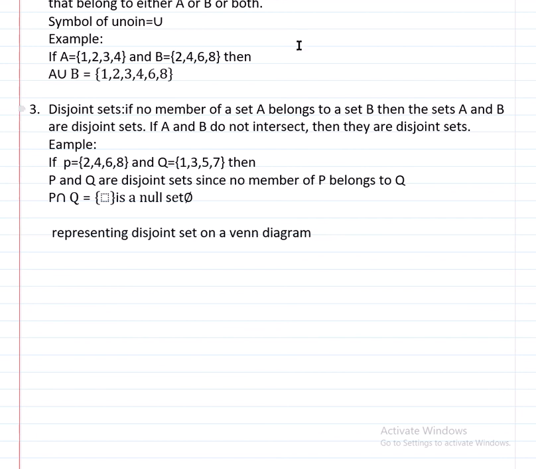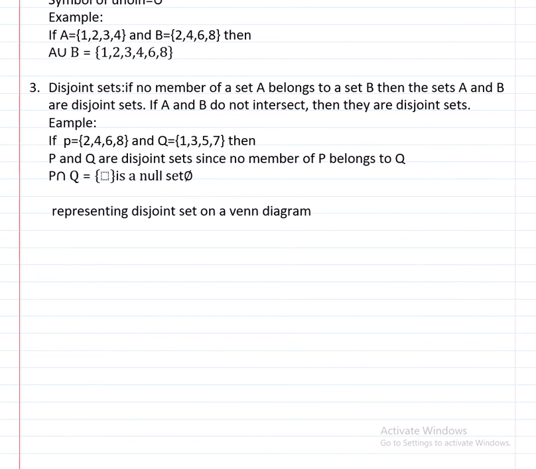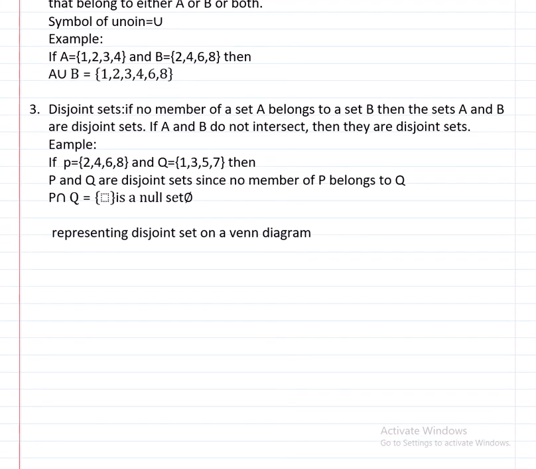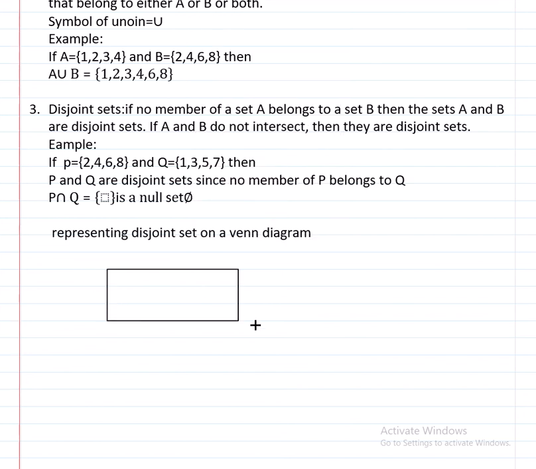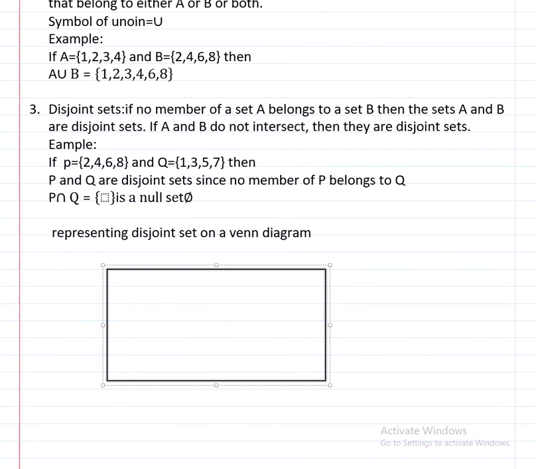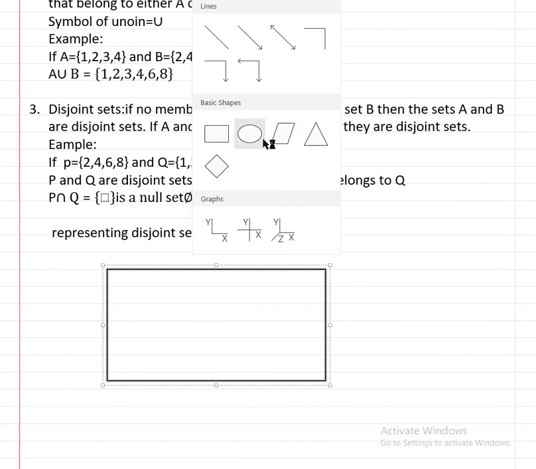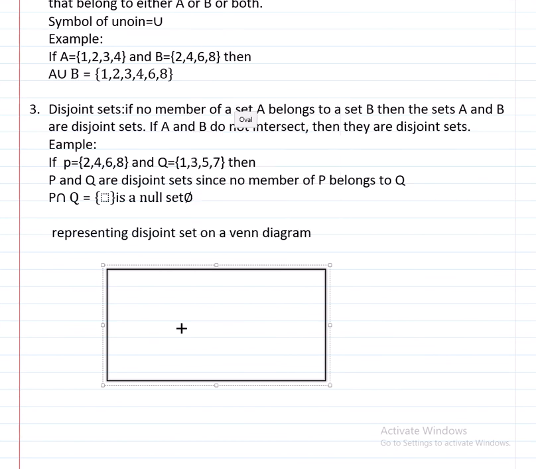Okay, so let's draw a Venn diagram. So how do we do it? So we are drawing our Venn diagram. So we draw a universal set, but remember that it will have a universal set because both of them will make a universal set.